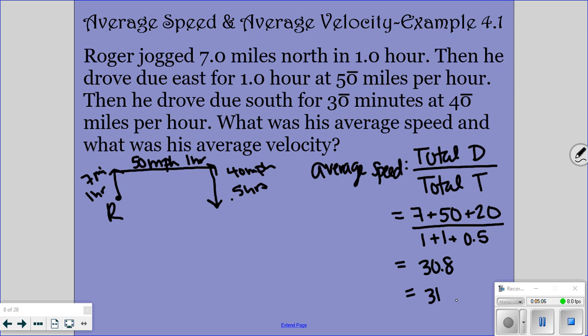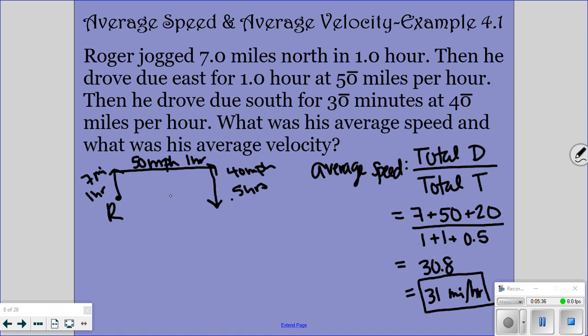And then we're going to have miles per hour, because distance is miles, time was in hours. Now the book has it in miles per minute, and that's fine if you want to do 60, 60, and then 30, and then you would have it in miles per minute. That is fine with me. It didn't ask for a specific unit for your answer, so either one of them would be accepted.